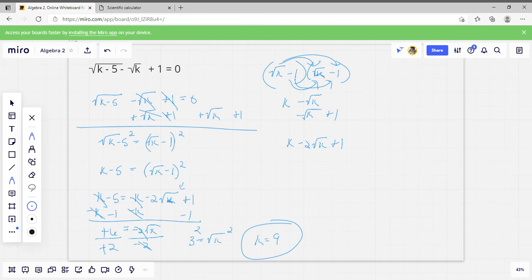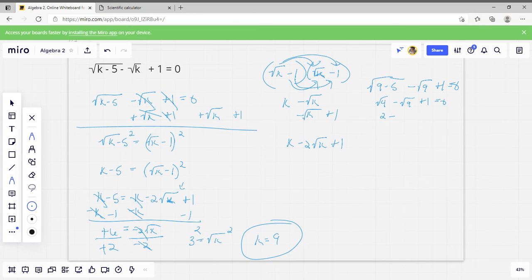And if we plug that back in, k, which is 9 minus 5, minus the square root of 9 plus 1 equals 0. 9 minus 5 is 4. Square root of 4 is 2.